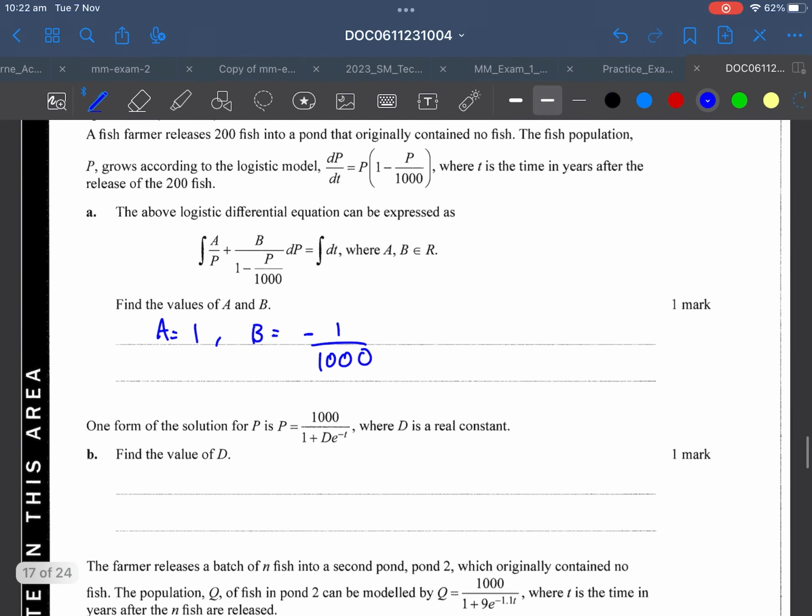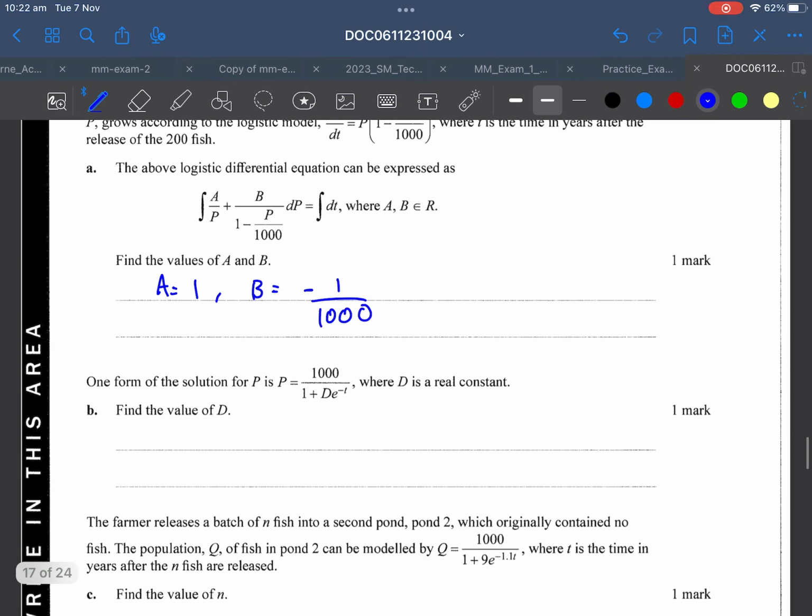Find the value of D. So we can just use the information that when T equals 0, the population will be 200 because he just released that. So we can say that P of 0 is going to be 200.